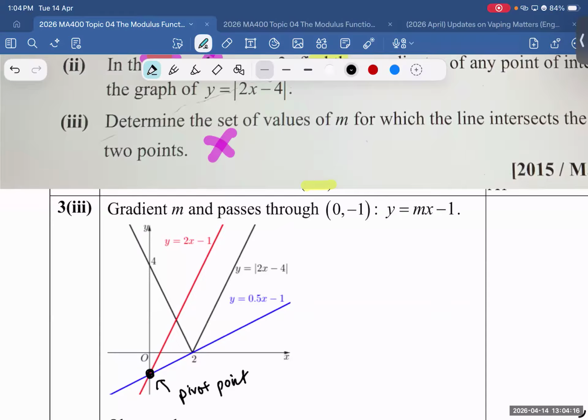When gradient is 2, how many intersections? 1, right? So when gradient is less than 2, 2 intersections, until here, gradient is half. When gradient is half, how many intersections? This is 1. In between is 2.